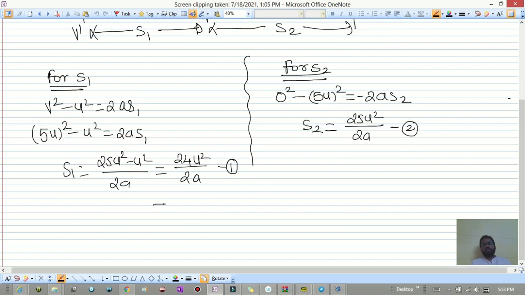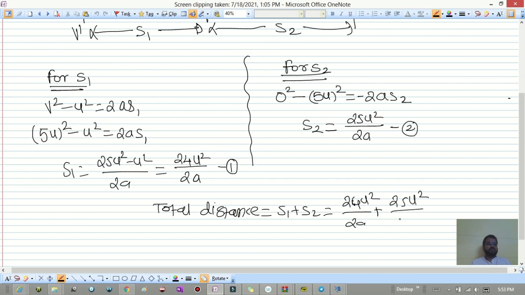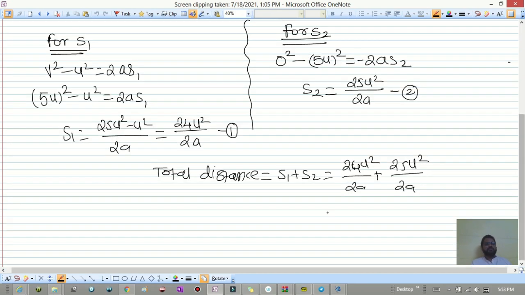So what is the total distance over here? Total distance we can write as S1 plus S2, which is equal to 24u squared divided by 2a plus 25u squared divided by 2a, and if you calculate you will get 49u squared divided by 2a.